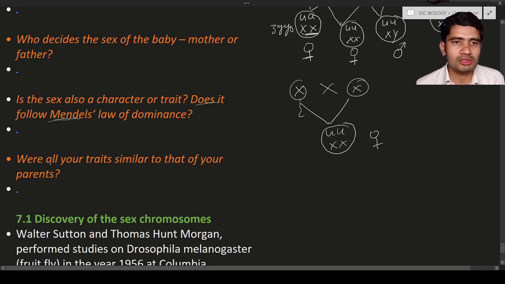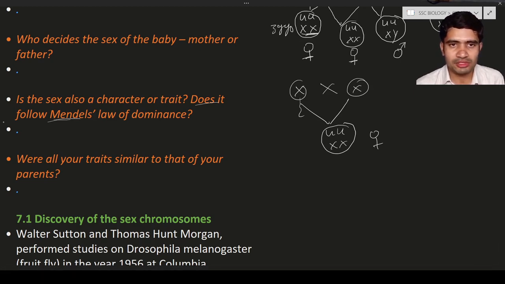So the traits between parents and offspring are not always similar, because they receive characters from the grandparents also, from grandparents to parents, from parents to children, and so on.